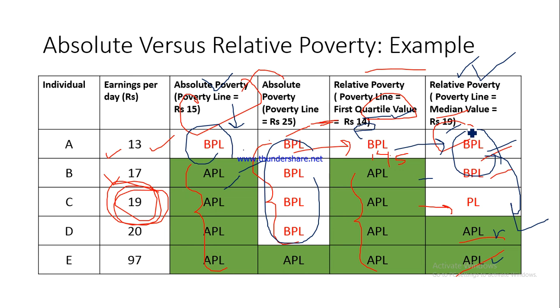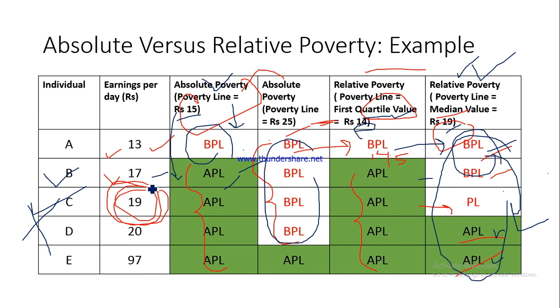Fine. Now also you need to understand that if you talk about, let's say, the example of B. Now if you talk about this particular condition where he needs rupees 15 to arrange food, shelter, clothing and these kinds of basic necessities, here he is above poverty line. Though he can arrange all these things, because he is earning 17, which is more than 15 rupees, here in this case we know that only rupees 15 would be sufficient for him to arrange his food, clothing and shelter.